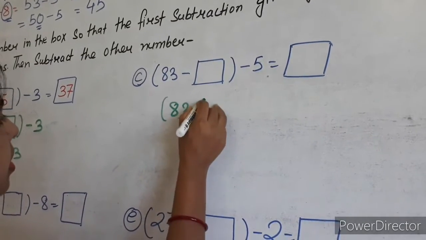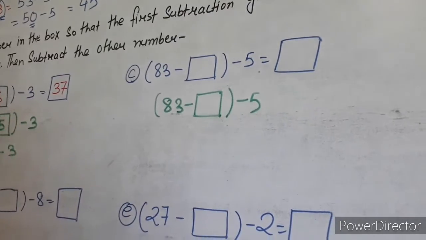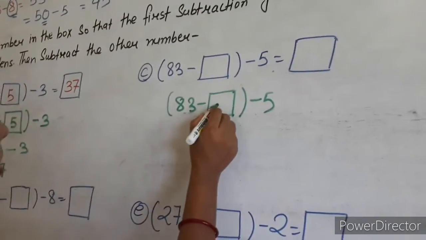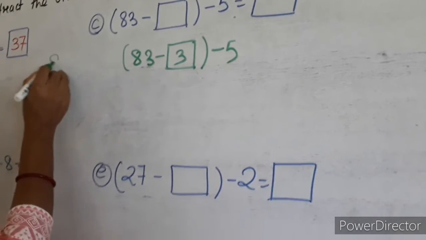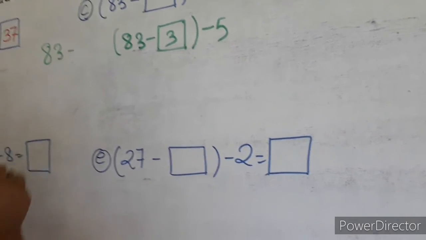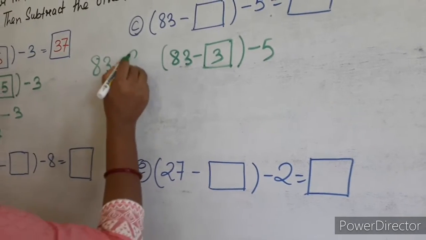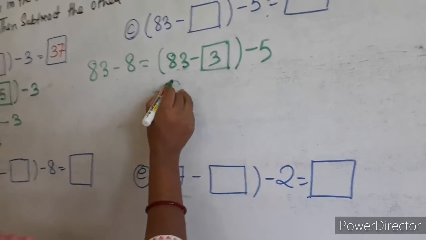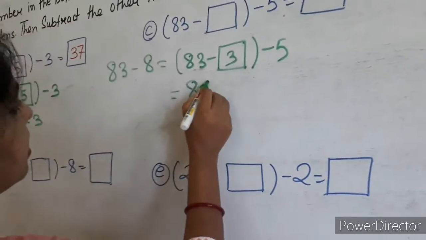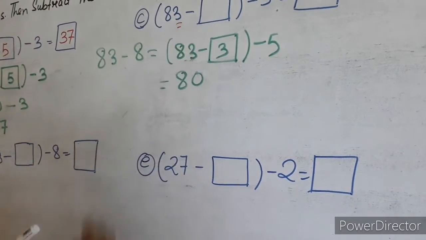83 minus 8. Here we write 3 first: 83 minus 3. This is the unit place, so we have to replace it.